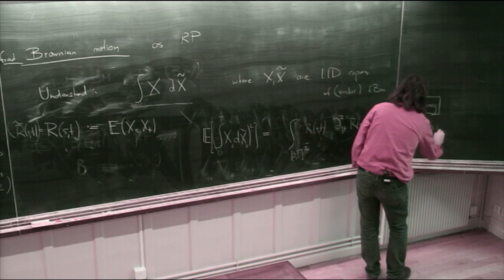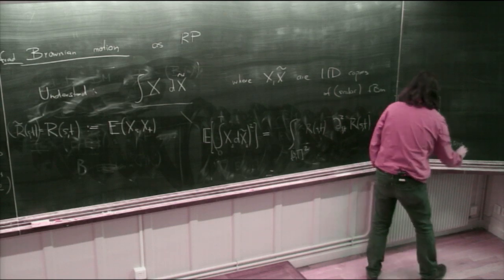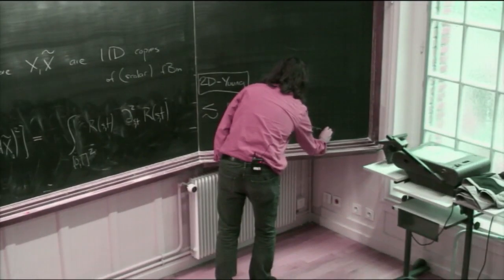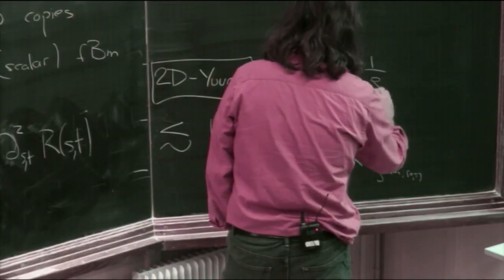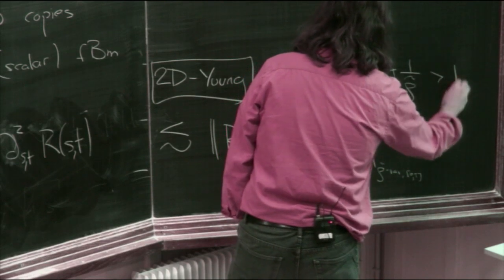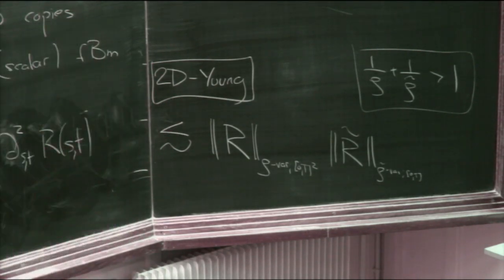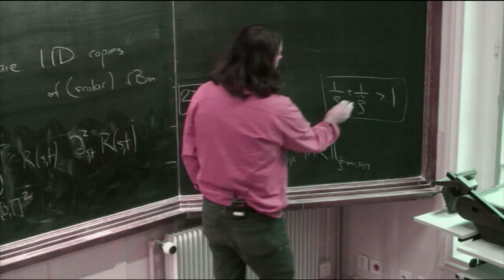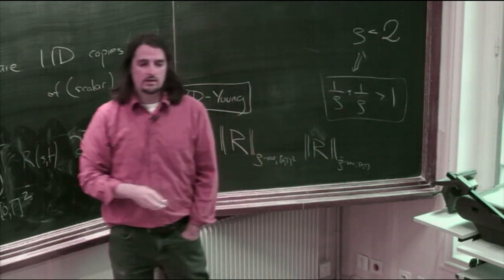So you would have the rho variation here times the rho tilde variation, where you provide 1 over rho plus 1 over rho tilde greater than 1. So this is the usual Young condition, and this is what you expect from a Young type estimate. Now here, for simplicity, R equals R tilde, so I can drop this tilde, and it's the same one, and this just translates to rho less than 2.